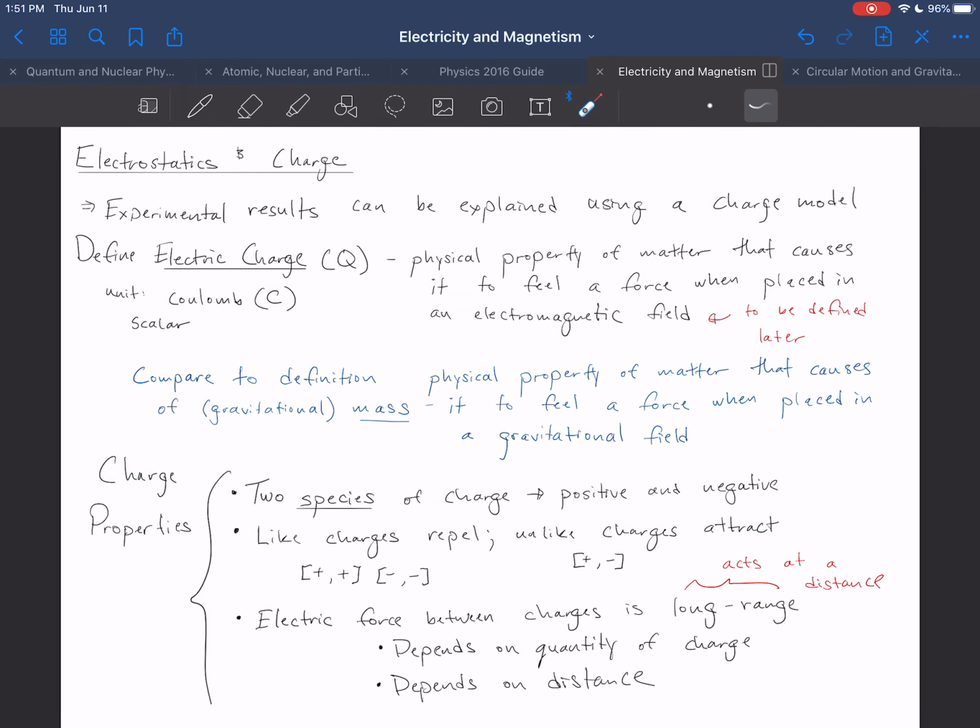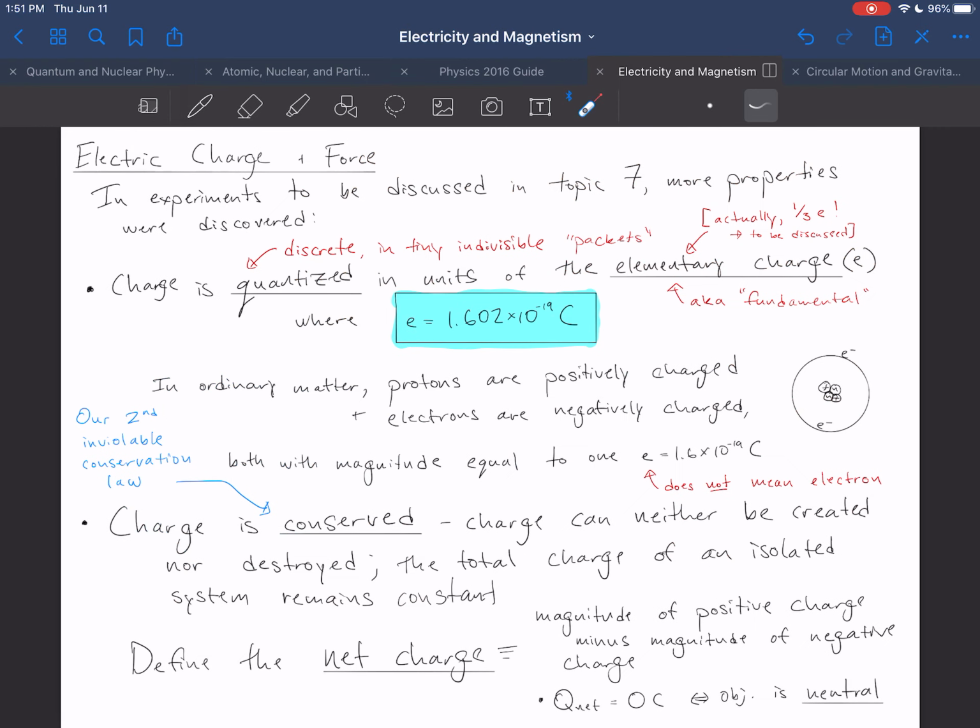So quickly to reiterate, charge has two species, positive and negative. Like charges repel, unlike charges attract, and the electric force depends on both the quantity of charge and the distance. We know that charge is quantized, so in small discrete units of the elementary charge, and we know that charge is conserved.